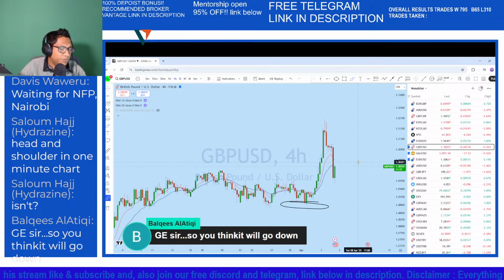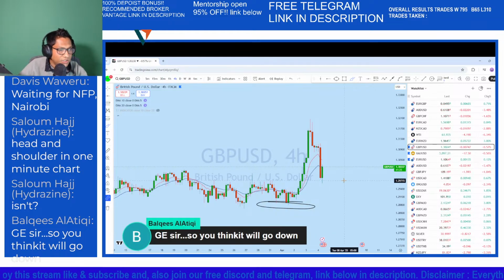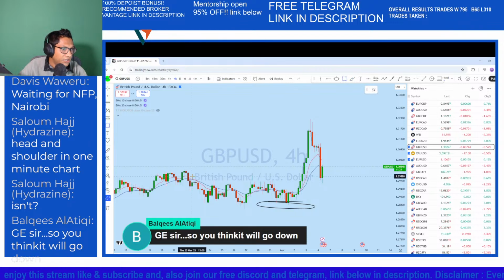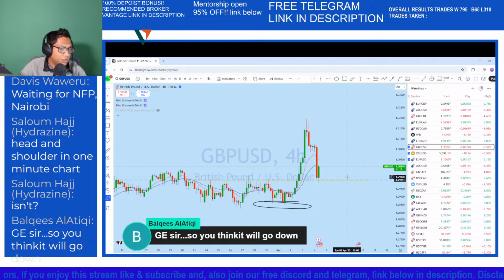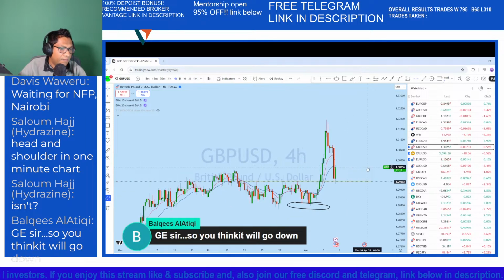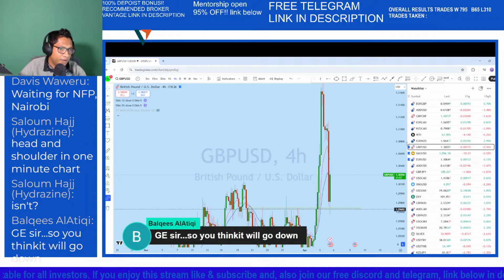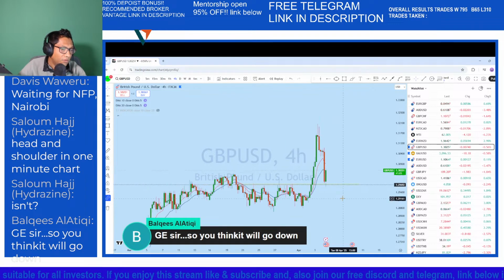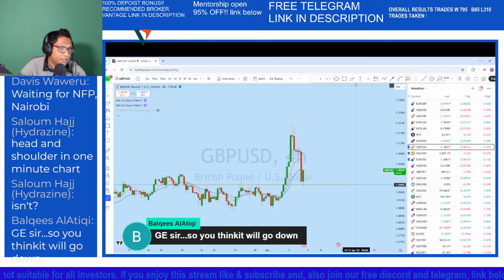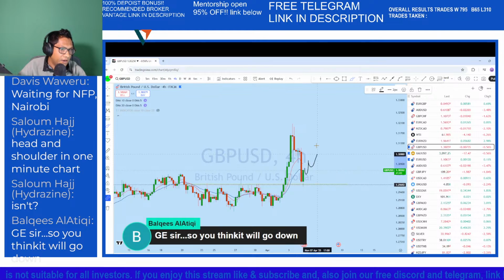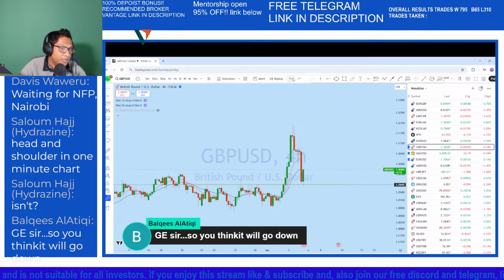From the 4-hour perspective, this is the 4-hour chart here, which is a very important support on GBP USD. With that price action on British pound US dollar, we can see that from this support level the market is possibly coming back to the upside, to create a new higher high.